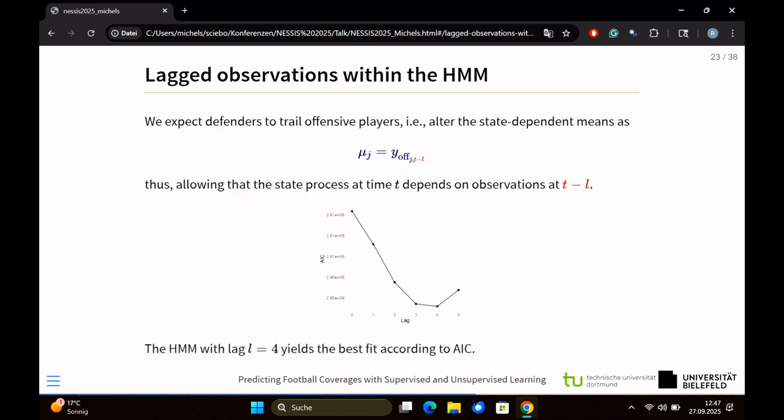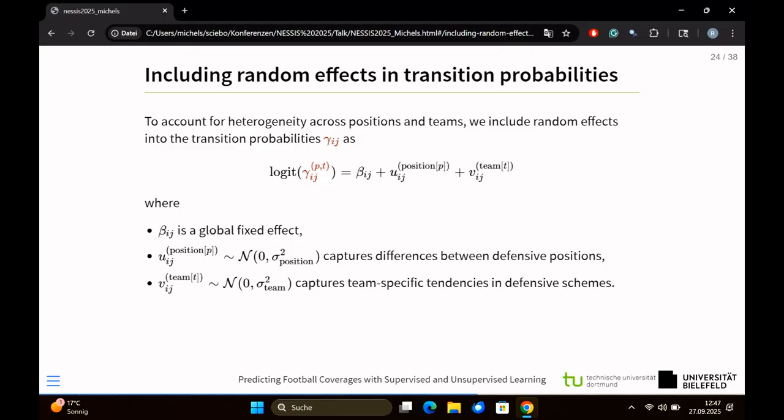So we go on from now with a lag of 4. And moreover, it's quite reasonable to assume that we have heterogeneity across positions and teams in terms of who is switching offensive players, and thus we include random effects for the position and also for the team into the transition probabilities.